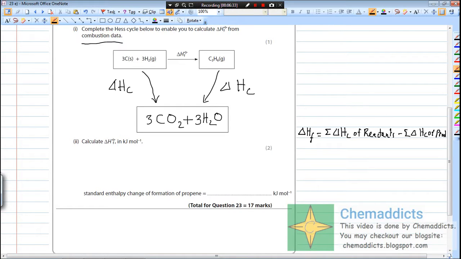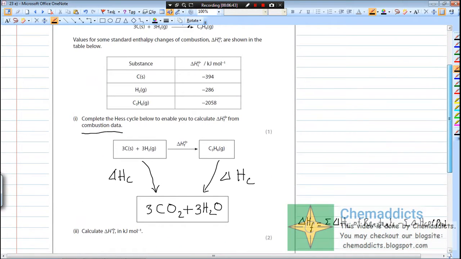This is the equation that we will use here. This formula is only applicable if all of the data given is the combustion enthalpy. If all the data are the combustion enthalpy for each substance, then we may use this equation.